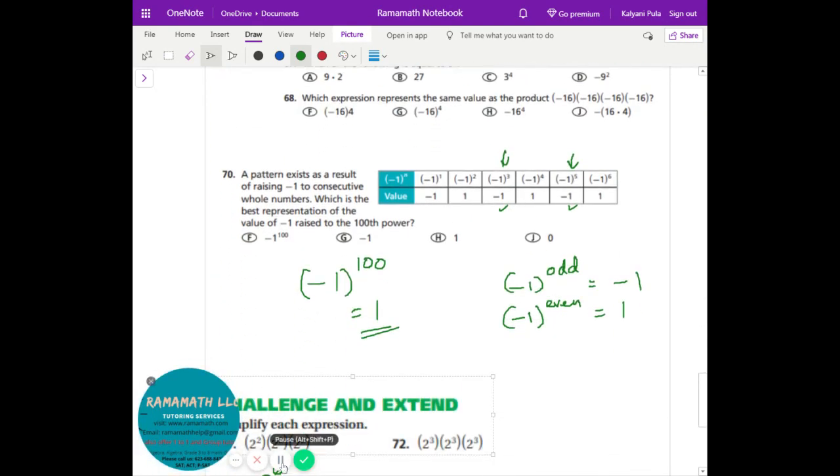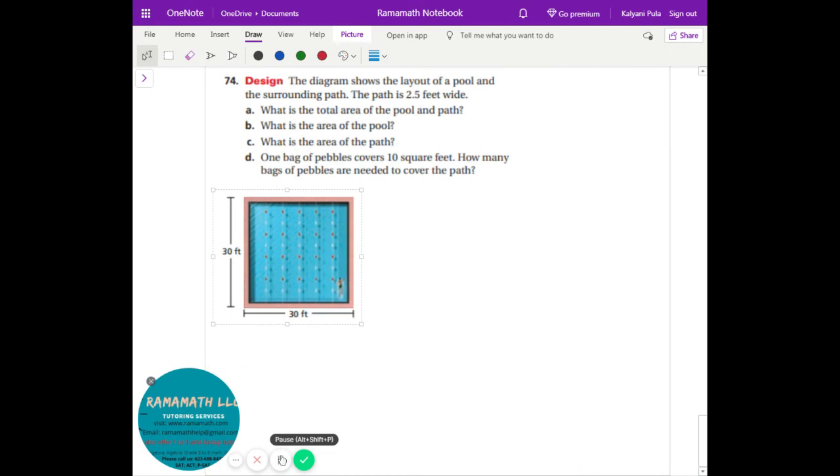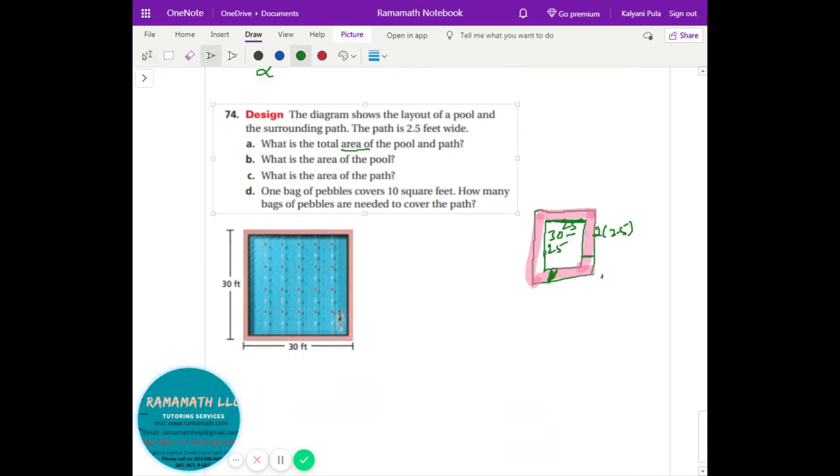Okay, looks good. How do you get that? So the inside area is 25. The pool area is 25 times 25. And then the outside area, 30 times 30.